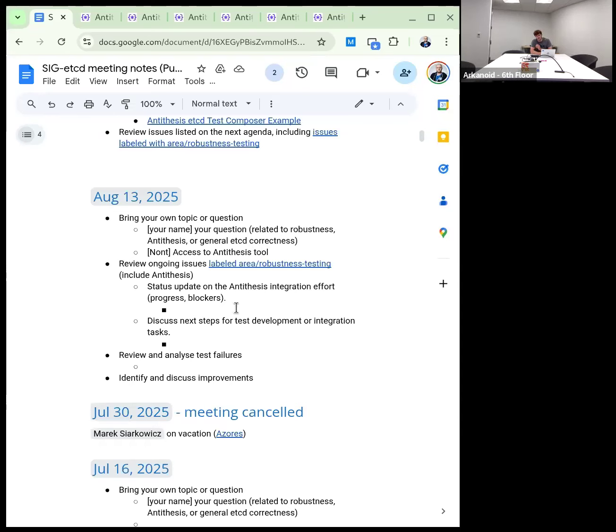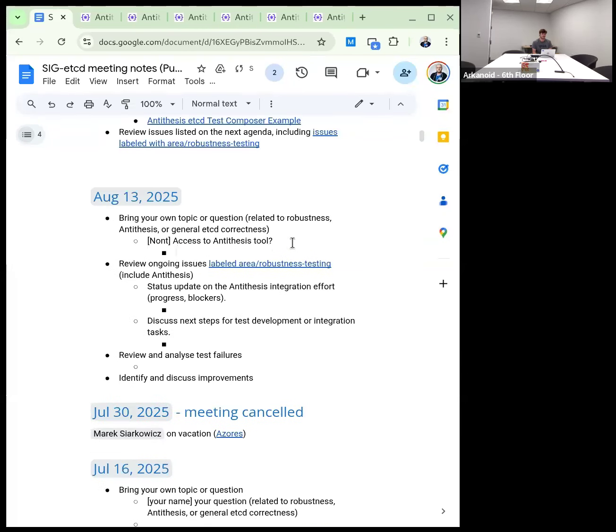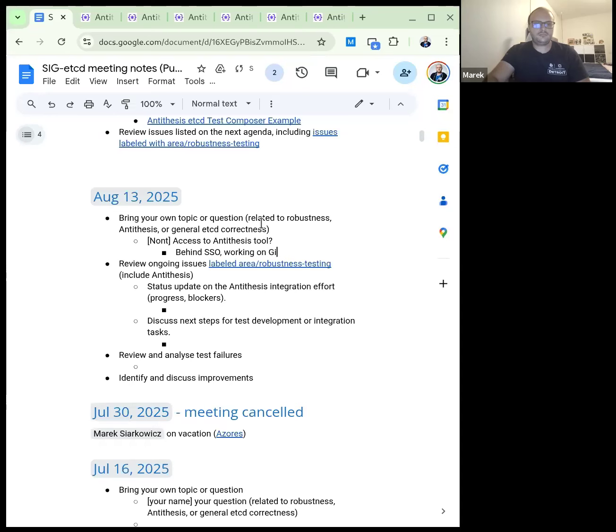Yeah, I can answer this. Our debugger is officially called the multiverse debugger, and that's currently behind SSO. But we are working on GitHub authentication to put the multiverse debugger behind that.